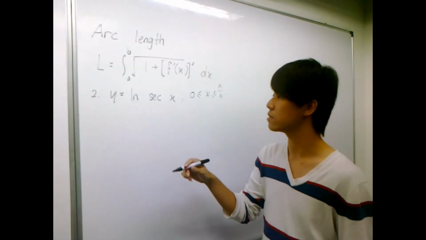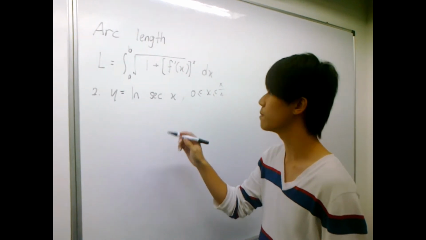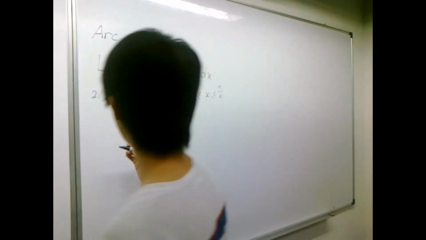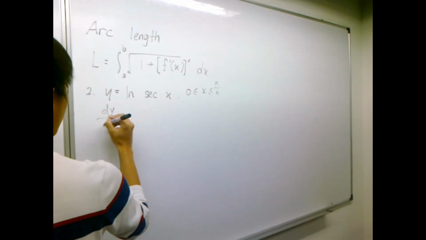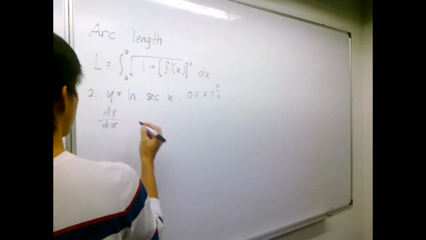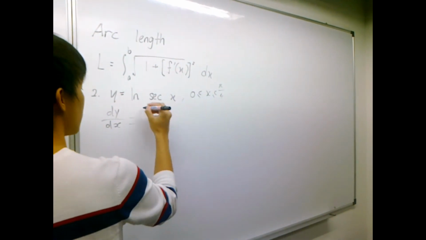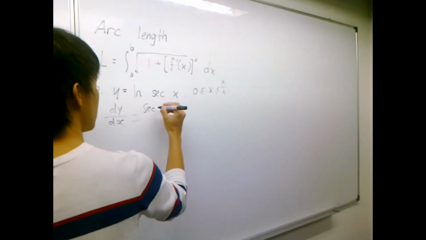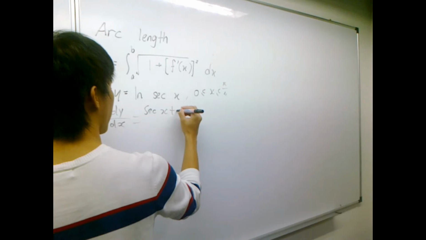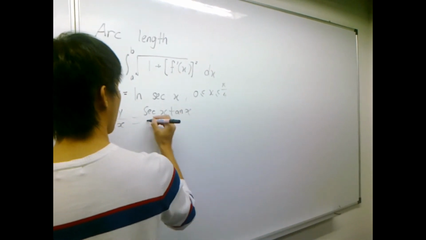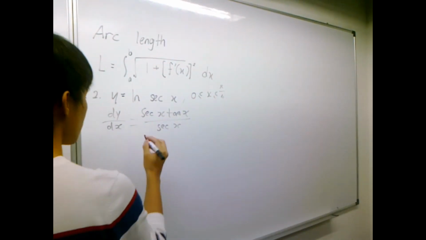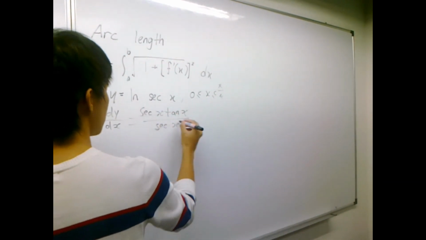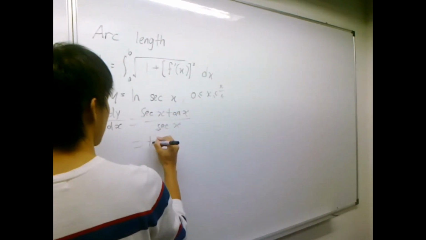Similar to the first question, the first thing we have to find would be dy dx, which is secant x tangent x over secant x. And this is equal to tangent x.